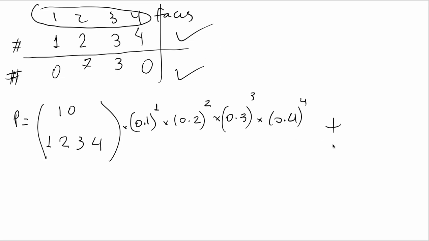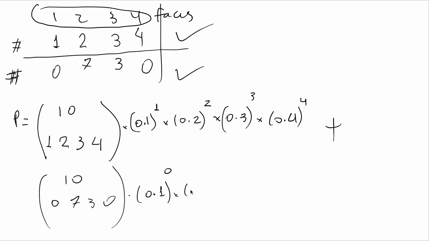Now the second situation: plus second situation, you have 10 trials. 0 will be chosen to be 1, 7 to be 2, 3 to be 3, 0 to be 4. How many times will the number 1 appear? 0. So if you imagine the tree, you don't have that probability in your path because it's not appearing. So it's 0. How many times do you have the probability of 2 appear? Well, the probability 2 is appearing 7 times. So when you're multiplying to go through the path, you will have 0.2 seven times, right?